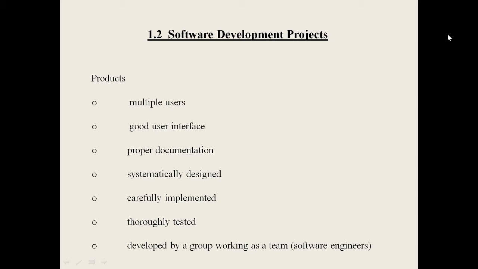And after completing all the development process, there should be a test document to specify the test suite or test cases used to test that particular software. And there should be a user manual.